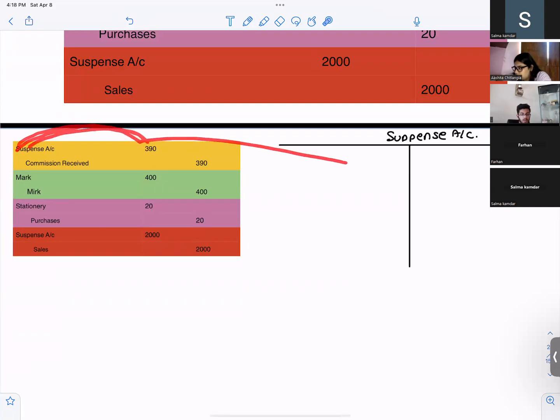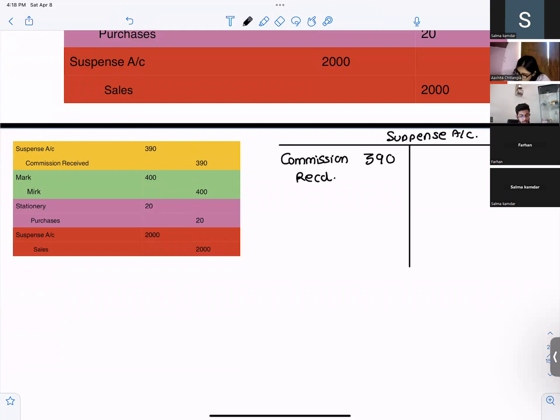So on the debit of suspense, you will write this amount 390. And in suspense, I will never write suspense, so I will write the opposite account, which is commission. Are you with me? And always leave the first line empty.